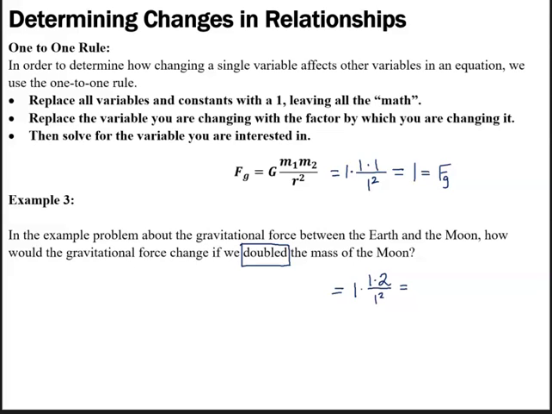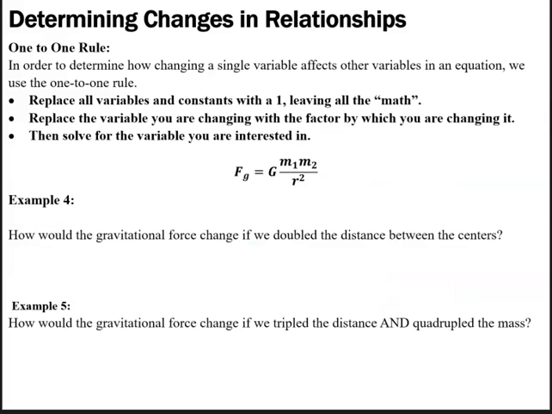If I do the math now, I get 2. My new force is 2 times my original force. So without doing all the rest of the math, I can find that by doubling the mass, I double the force. Let's try a couple of more examples.